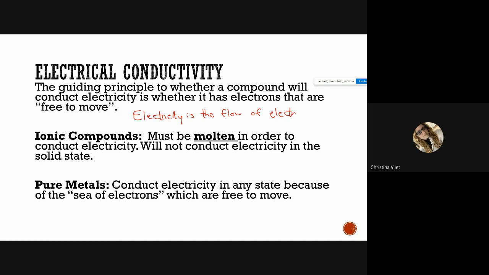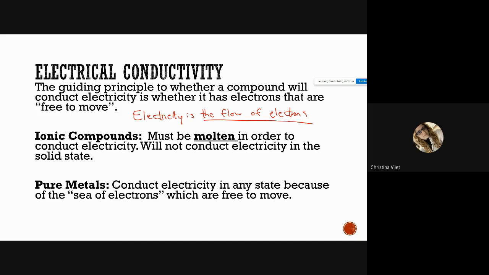So the guiding principle on whether or not something's going to conduct electricity is if you have electrons that can move. If you have electrons that can move, yes. If they cannot move, no.